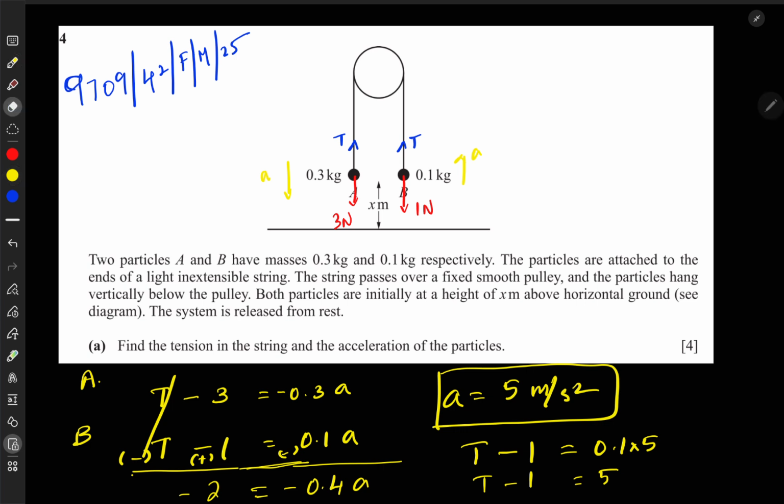The acceleration is 5, so 0.1 times 5 will be 0.5. Then T will be 1 plus 0.5, which is 1.5 newtons. This will be the answer for the tension. So the first part for A is over. Now we will go for the B part.